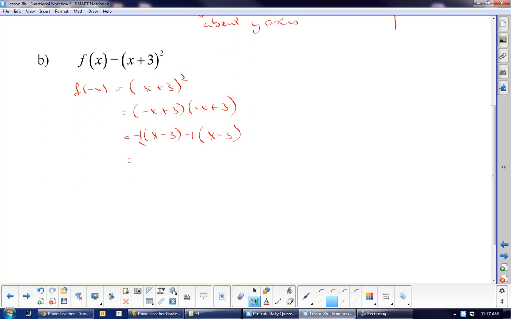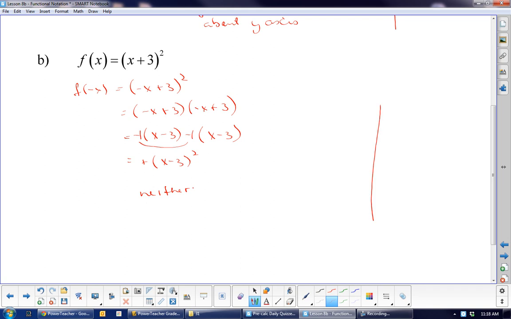Now if you multiply the negative and a negative together, you get a positive, and then that would just be x minus 3 squared. So we didn't get negative f of x, and we didn't get f of x. So therefore it is neither. Let's just write neither.